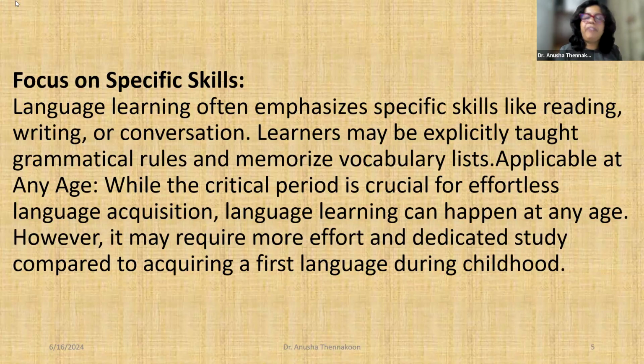Even a 50 years old person can learn a new language. Even 70 years old person can learn a new language. Learning can occur at any time of the life. But acquiring, it was limited only to the critical period.